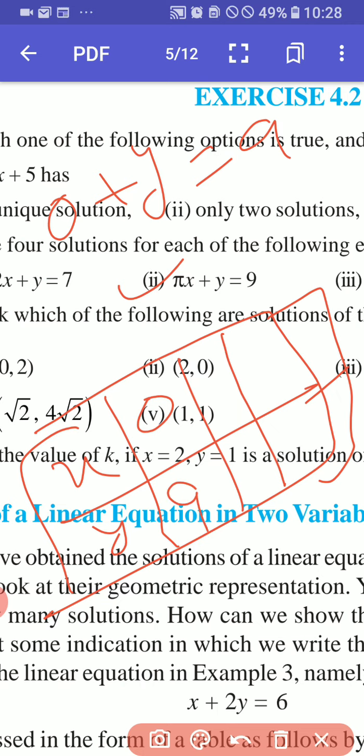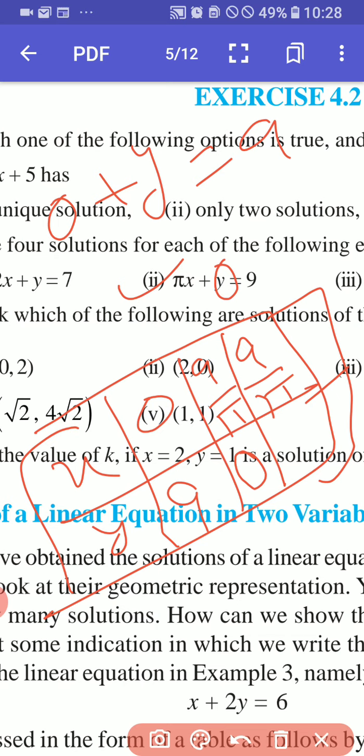If I will put y equal to 0 in the given equation, I will find out x equal to 9 upon pi. 9 upon pi. Sorry. 9 upon pi. Right? Okay.